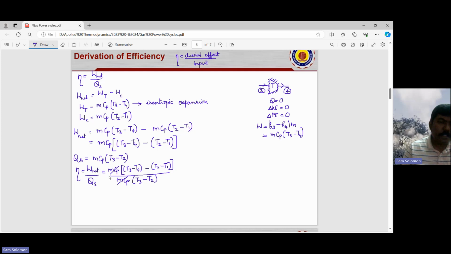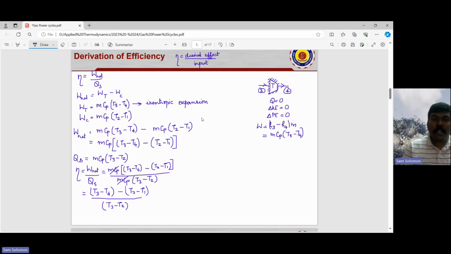If I cancel out these two, what is left is (T3 minus T4) minus (T2 minus T1), whole divided by (T3 minus T2). Now what we are talking about is an ideal Brayton cycle where there is no irreversibility. Let's make that very clear. If there is going to be irreversibility, then that also needs to be taken care of, which we will look at while solving the problems.